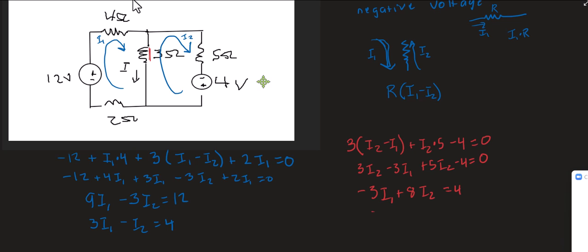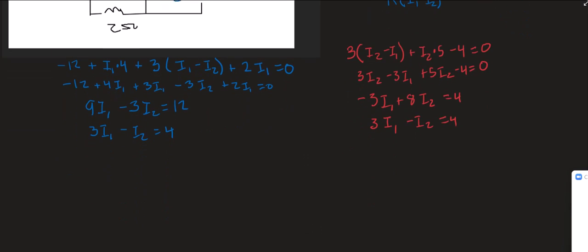Okay, so now I have these two equations. I'm going to pull this one over here. And I was about to get out the calculator until I see how easy they are to solve. I2 equals 8/7. Yeah, and then it's not.